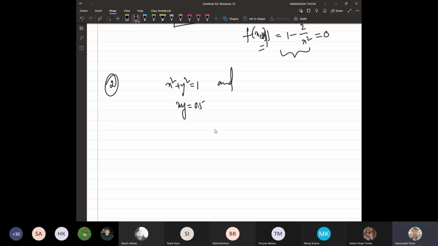So here two nonlinear equations are given in two unknowns. You need to use the method that we have discussed today, that is the Newton-Raphson method for a system of nonlinear equations. So f of x, y is given, g of x, y is there.